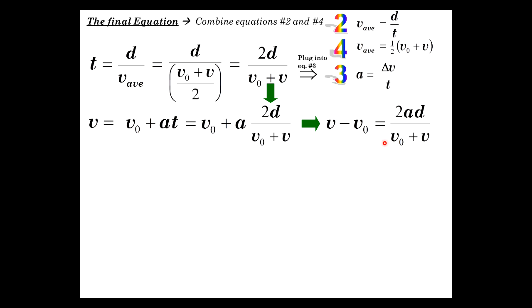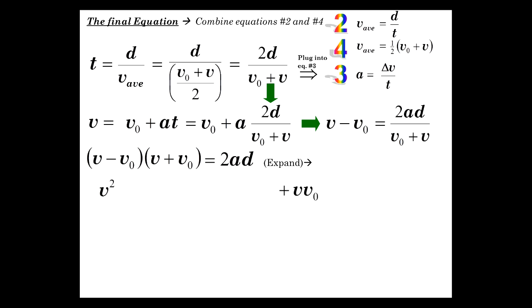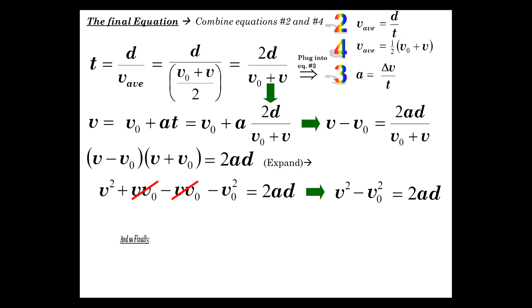And now we can multiply both sides by this. Let's go ahead and do that. v minus v0 times (v0 plus v) is 2ad. Let's carry that expansion out, and we get v squared plus vv0 minus vv0 minus v0 squared is 2ad. Those inner components cancel out, and we're left with v squared minus v0 squared is 2ad.